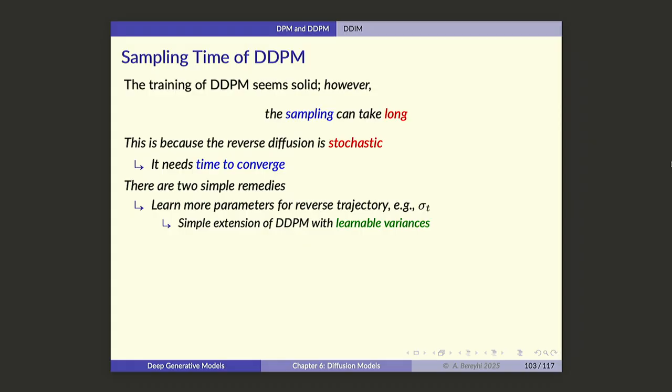Those sigma values, which we kept fixed initially when we were developing DPM and DDPM. Maybe you can think of them to be some learnable parameters. You try to learn them. And when you learn them, maybe this is going to help you converge better, and then you can reduce the time steps.